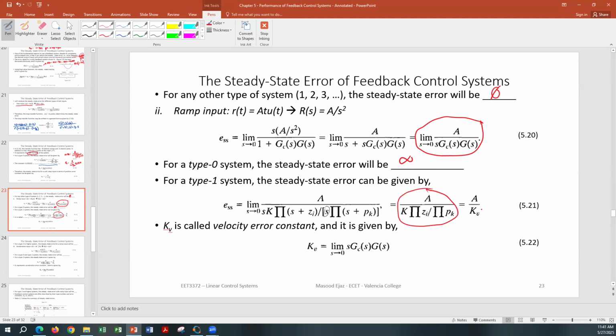And we call K_v, velocity error constant, which is simply given by limit s tends to 0 of s times G_c(s)G(s) for type 1 system.